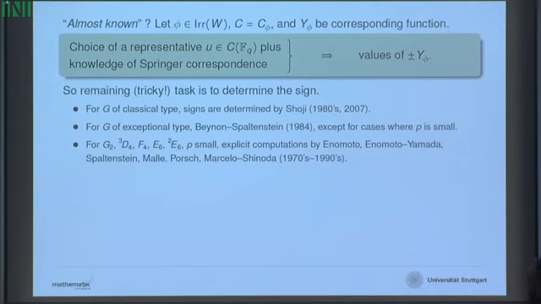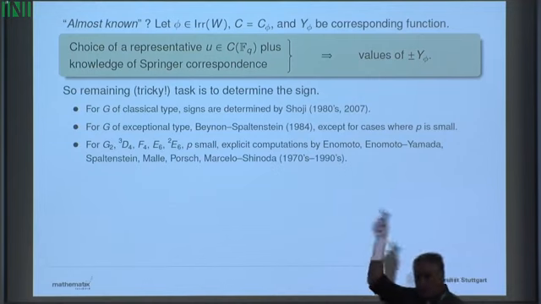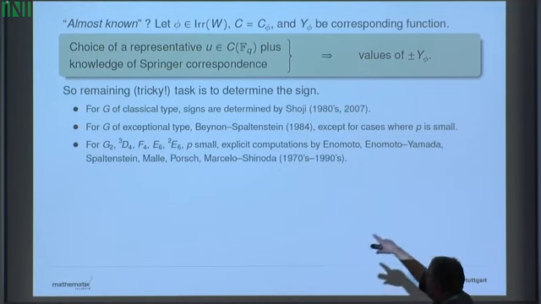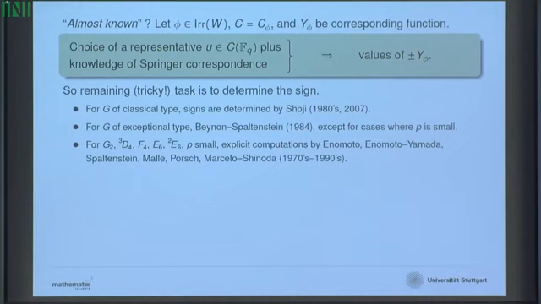And of course, for groups of small rank, which are small enough that you can even compute the whole character table or large parts of it, you can read off the Green functions from there. So this includes G2, the paper of Chang and Ree already, and others, 3D4, F4. I just mentioned some names here which have contributed to this work.